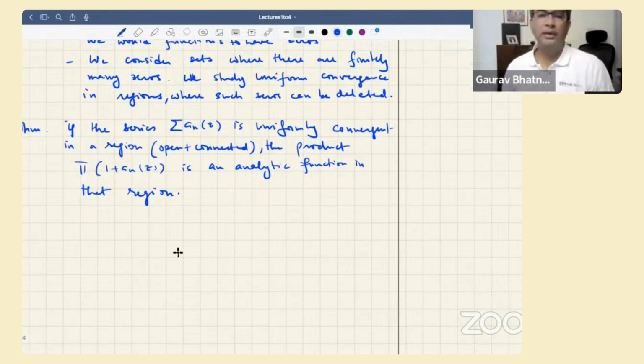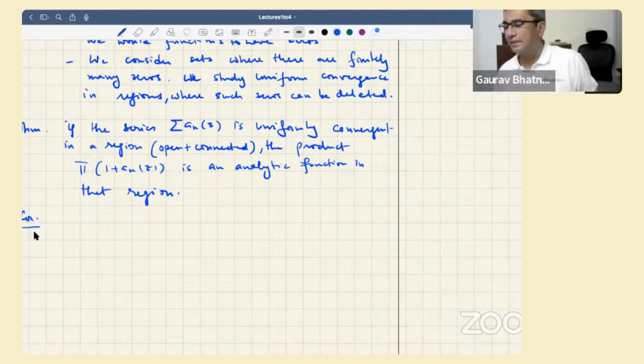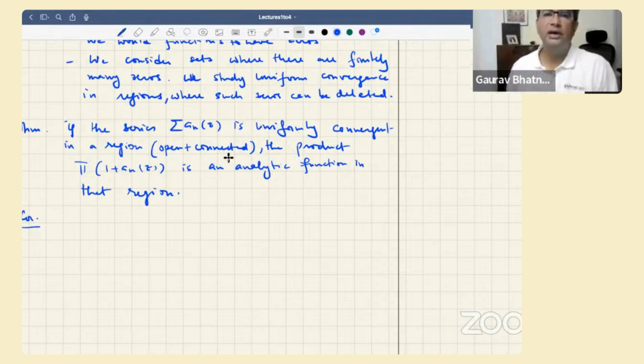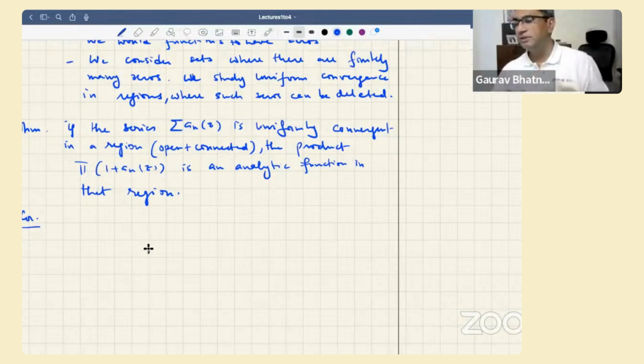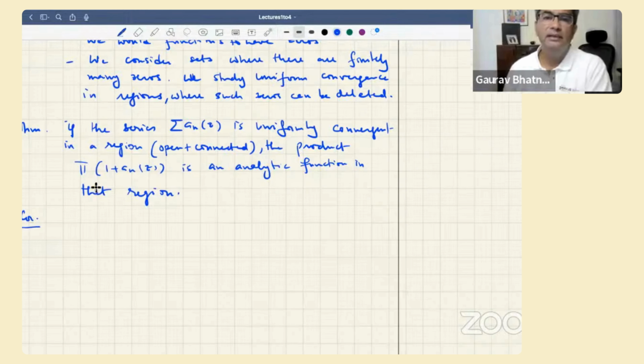We won't do the proof, but the proof is on the lines of what we normally do for series, because everything works for series. So if there is uniform convergence in various subsets of that region, it works very beautifully.